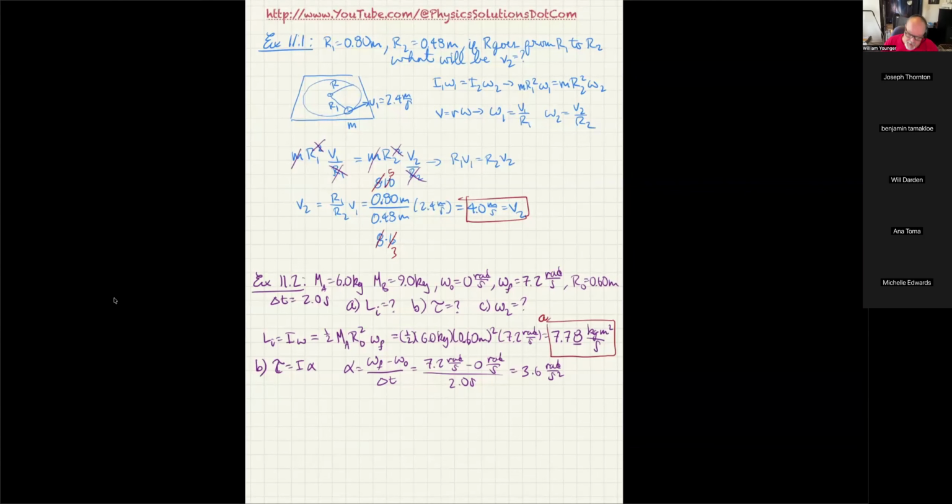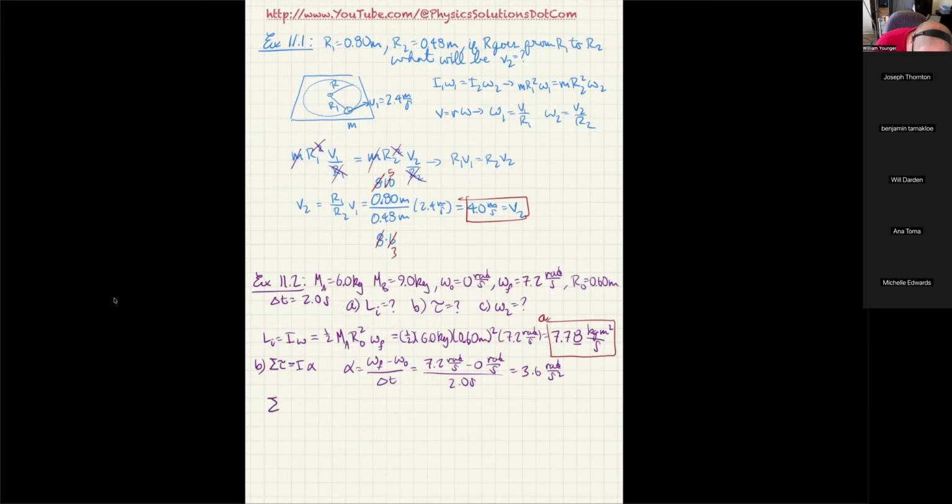Now I can use that to calculate the torque, because the summation of the torques, which I actually should have written there as well. So the summation of the torques is equal to I times alpha.